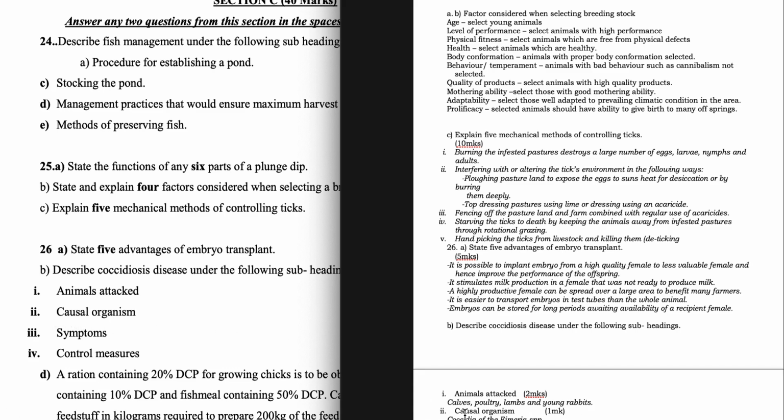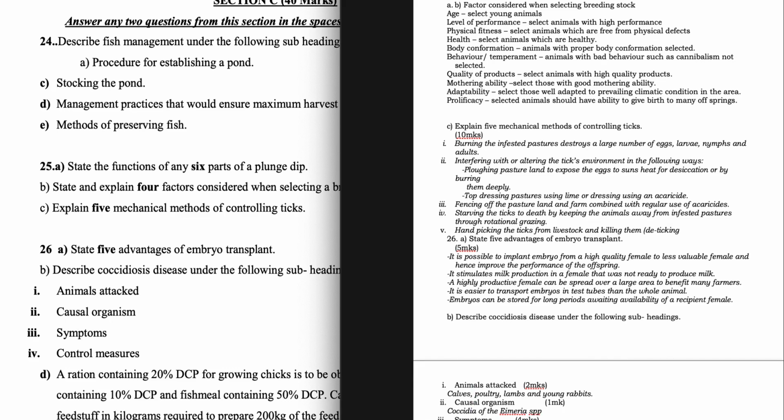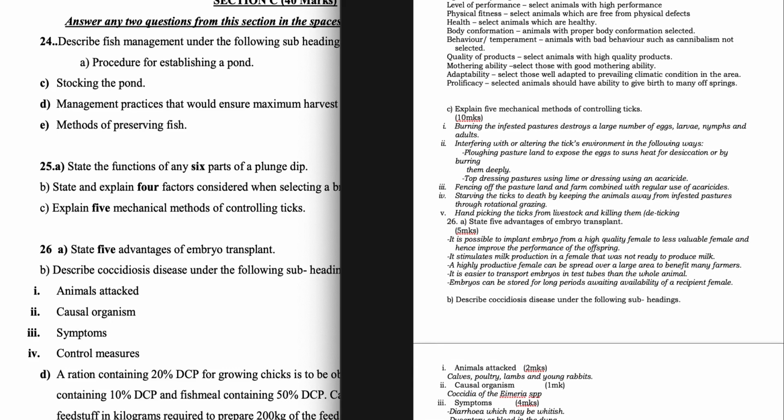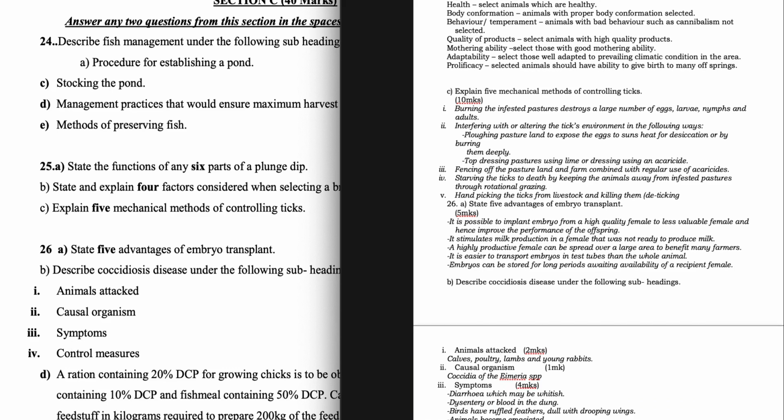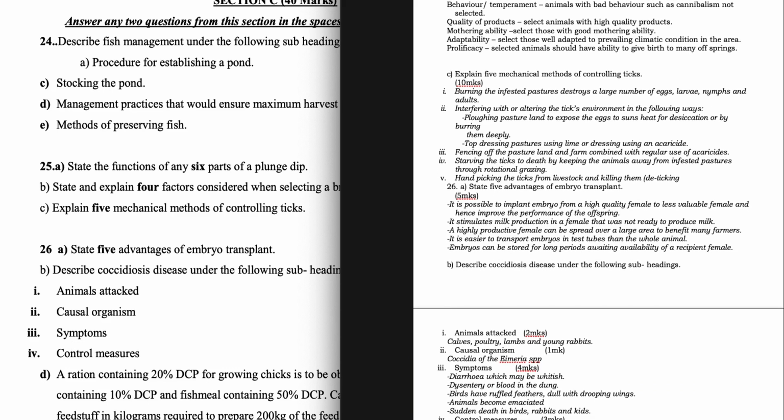Causal organism is coccidia of the Eimeria spp. Symptoms: we have diarrhea, which may be whitish. We have dysentery or blood in the dung. Birds have ruffled feathers, dull with drooping wings. Animals become emaciated. Sudden death in birds, rabbits, and kids.